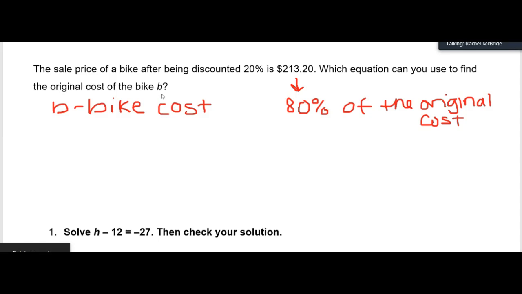So we're going to take the cost of the bike and I need to multiply it by 0.8 to reflect the fact that I'm paying for 80% of the price, which is $213.20.